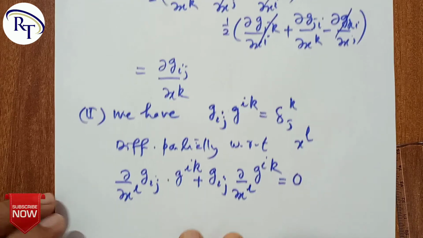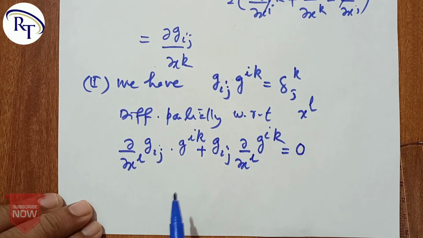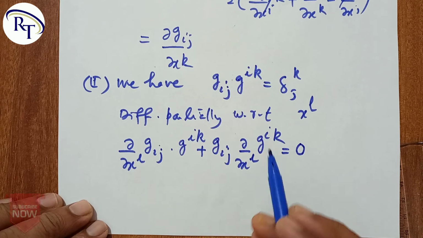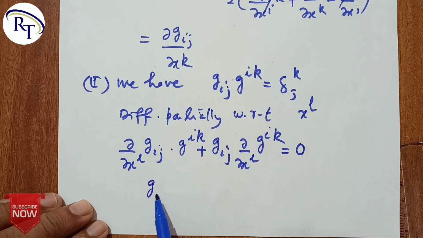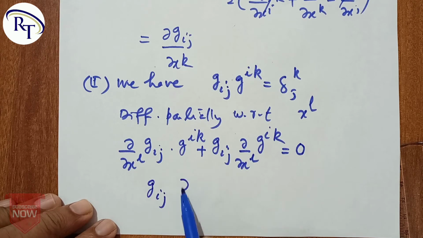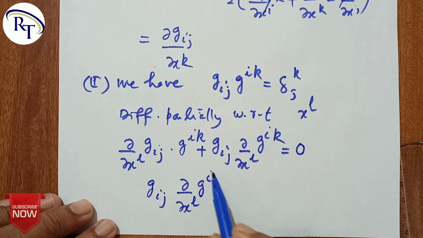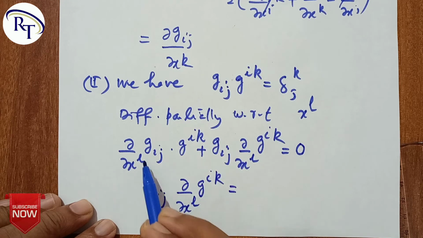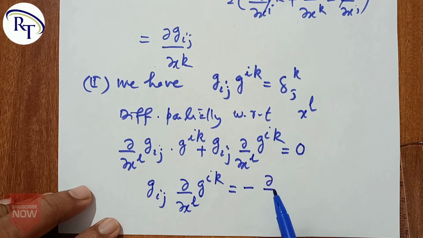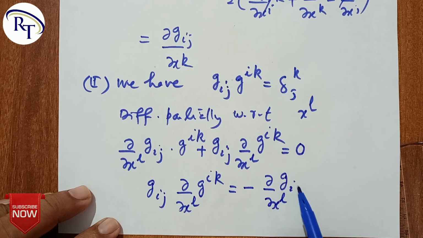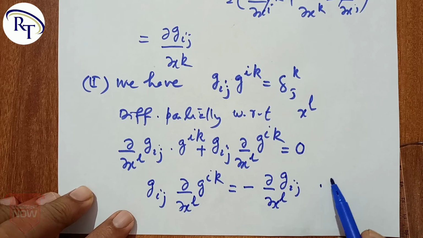Now we need to calculate this value. So g_ij ∂g^ik/∂x^l equals minus ∂g_ij/∂x^l times g^ik.